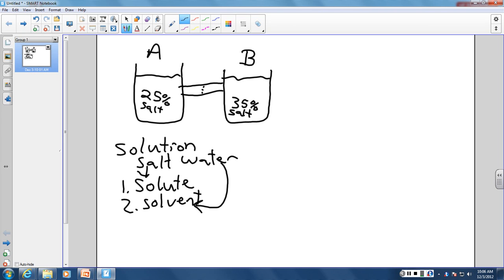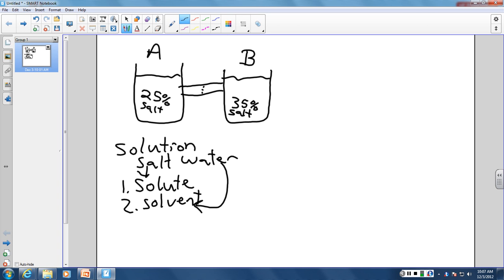So what you have here in container A is 25% salt, 75% what? Water. In the other container you have 35% salt. And how much water? 65% water. Okay?